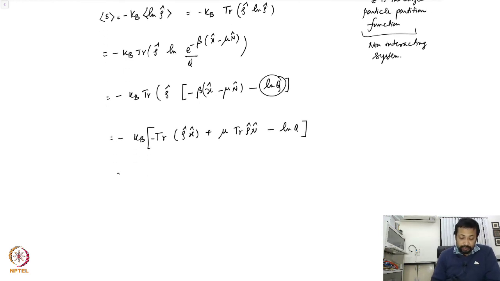If I now put everything together, there is a beta here, I'm sorry, there has to be a beta here and there is a mu beta here.